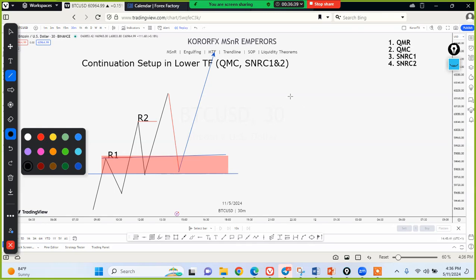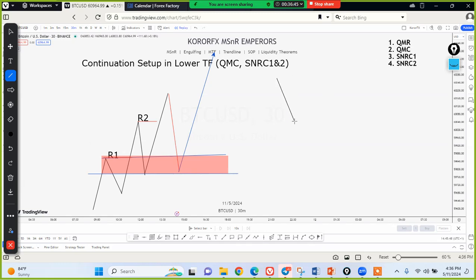When we want to sell with SNRC2, price releases, all right, and then we will get another drop and then rally, and then again SNR1 forms here, and then price comes back.